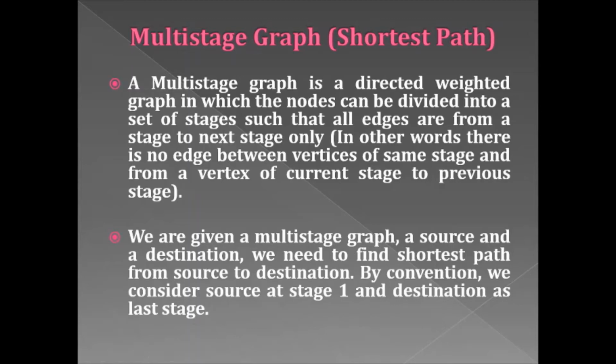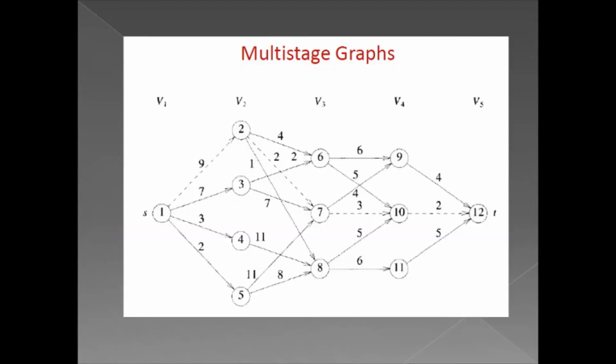Let us see how this multi-stage graph looks. Here you can see some vertices, and we are going to number them. In this diagram they are numbered from 1 up to 12, because the total number of vertices is 12. The first set, which we call V1, has vertex number 1.